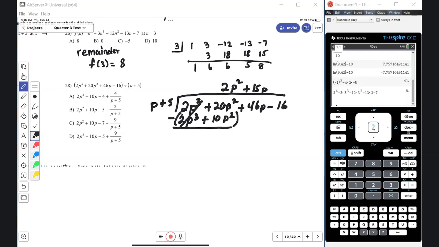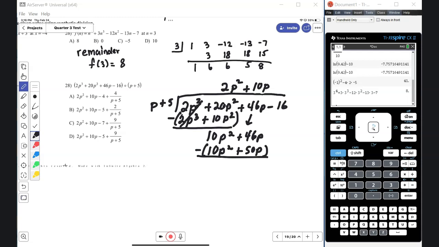You subtract this, so we have 10p squared, bring down the 46. So now you ask yourself, what do you multiply p to get 10p squared? Well, in this case, it has to be 10p. 10p times p gives you 10p squared. 10 times 5 gives you 50.